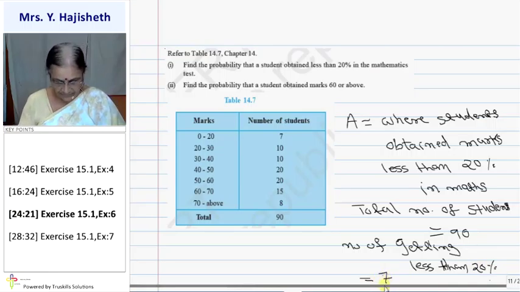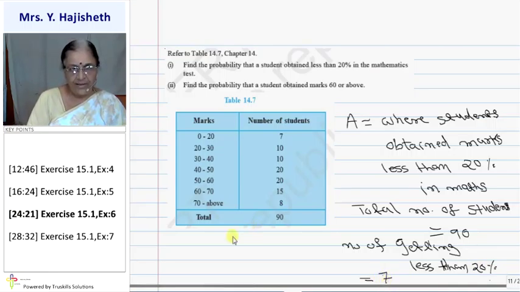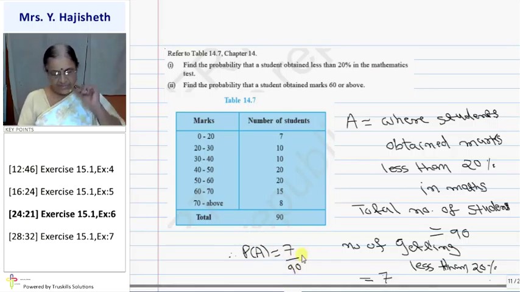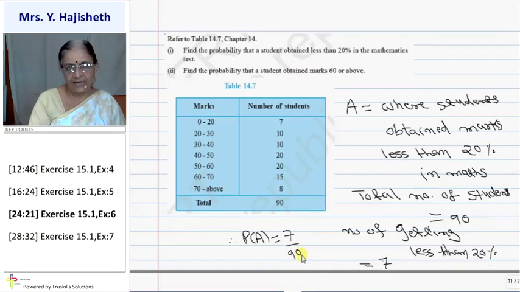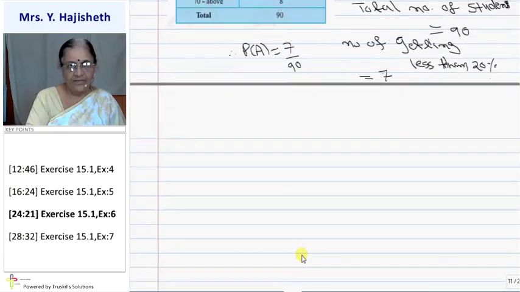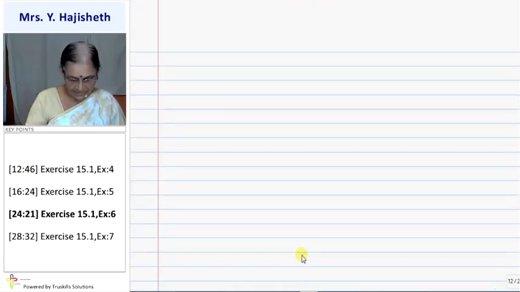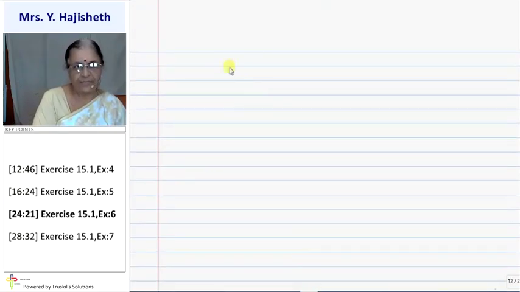Okay. So what is my P(A)? Therefore, P(A) is 7 upon 90. Okay? 7 upon 90.